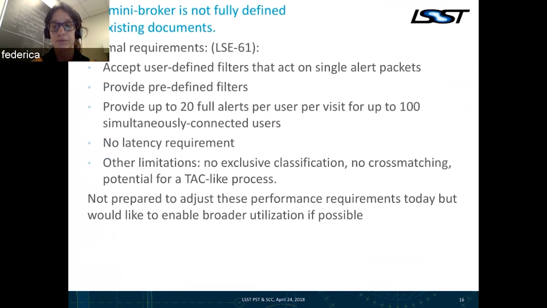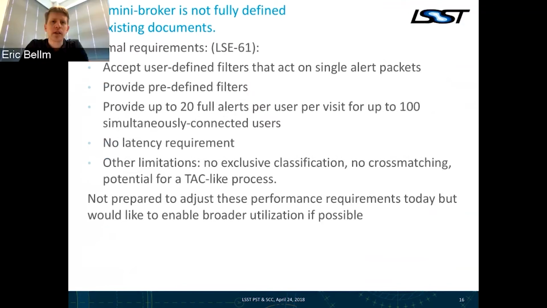Yeah, that's a good set of questions. So again, the requirement here is 20 alerts per visit, and the total number per visit is up to 10,000. So that's the scaling factor, and each filter is returning whatever passes its filter.